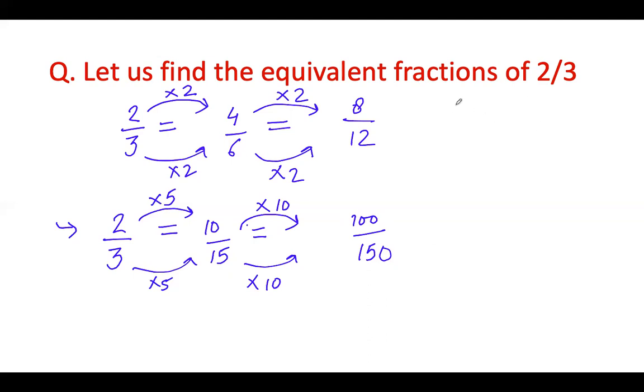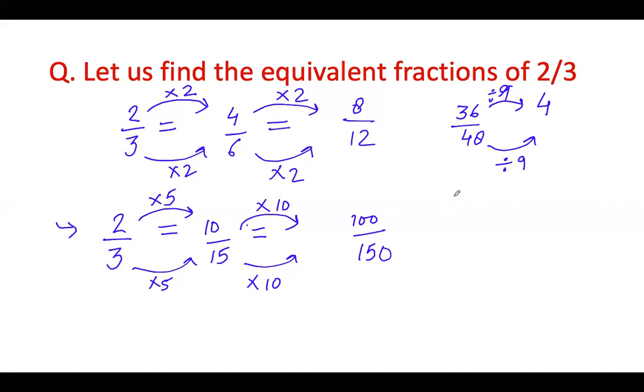So let us take a different example. If we have the fraction 36/48, now if we divide 36 by 9, it gives 4, and if we divide 48 by 9, it leaves a remainder, so it cannot be divided by 9. So 9 times 5 is 45, but 48 is not divisible by 9, right? So what we can do, we can take a number which is divisible by both the numerator and the denominator, right?